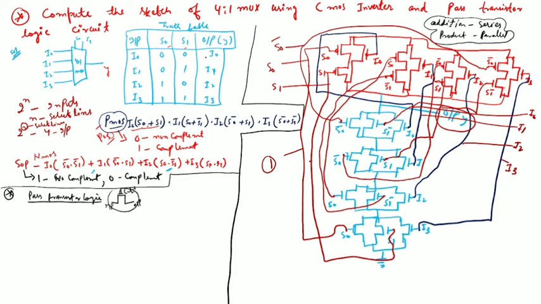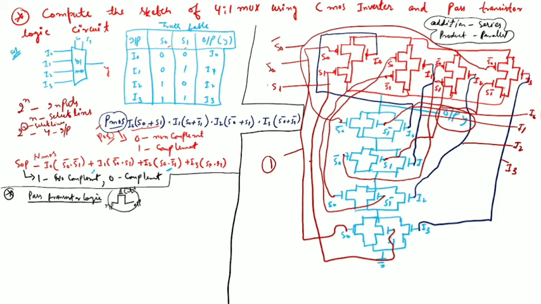So suppose when we give the input 0 0 at S0 and S1, in case of PMOS, only the PMOS will be on in the inverter circuit, but the NMOS remains in the off condition.